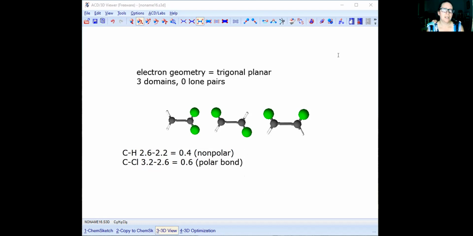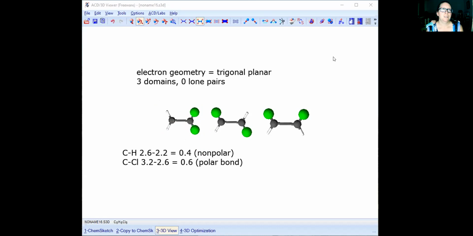And in this case, which isomer are we talking about? So if we look at this carbon-chlorine bond and this carbon-chlorine bond, they're pulling in a similar direction. So we would be able to say that this molecule has a net dipole moment pulling towards the chlorines and away from the hydrogens.